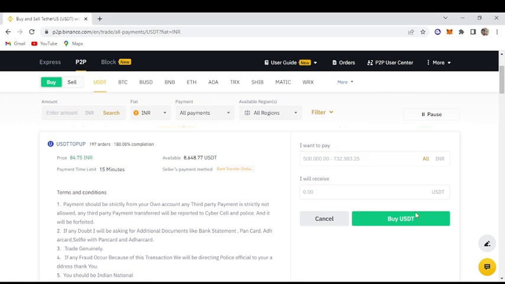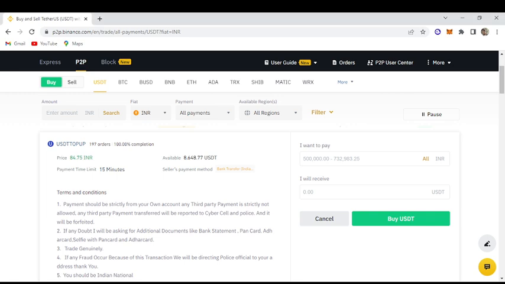Then they will send you a payment option, right? It can be Paytm, it can be GPay, it can be a bank transfer or anything. So you gotta pay them first, and then continue that, and then they will release their USDT to Binance.